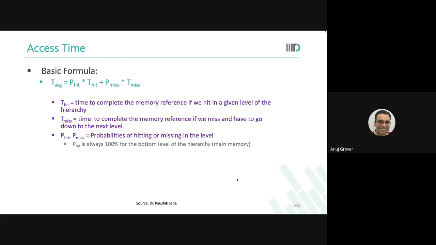So if I have to use the timing of my L1 cache, the first thing is that data should be available in my L1 cache. So probability of the data being in my L1 cache times the time to get it from the L1 cache, plus probability of miss, which would typically be 1 minus P hit, times the time that I will take to get it from the next level of hierarchy.